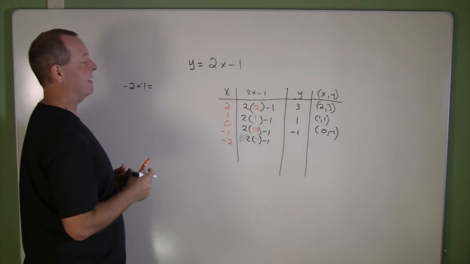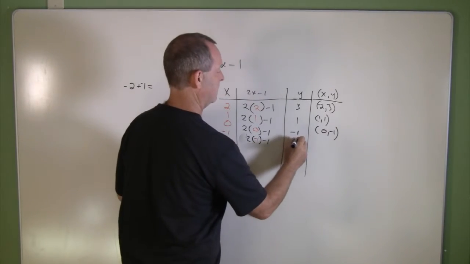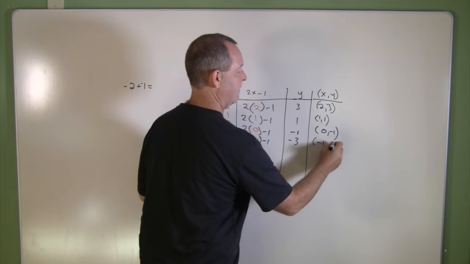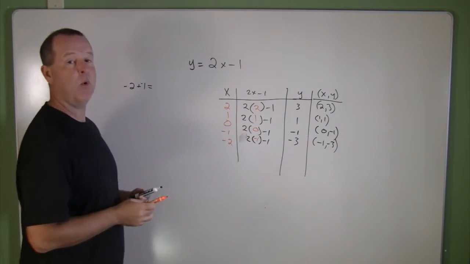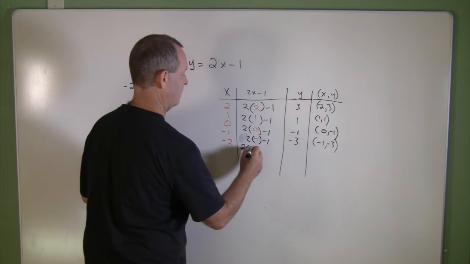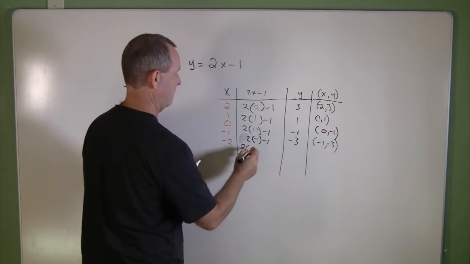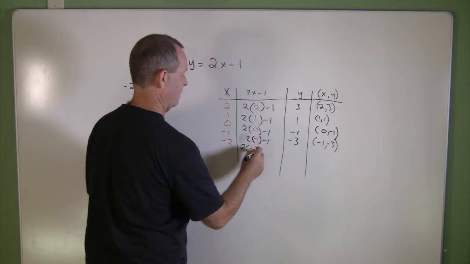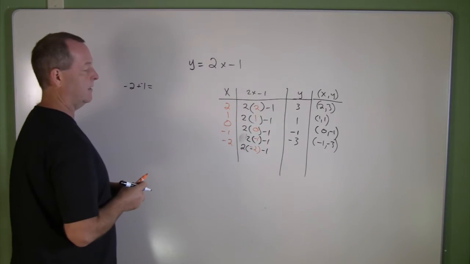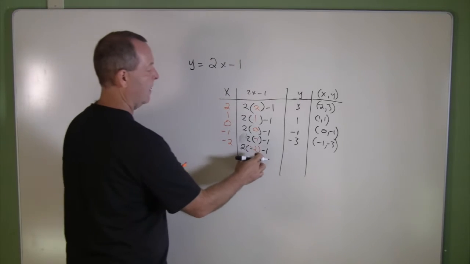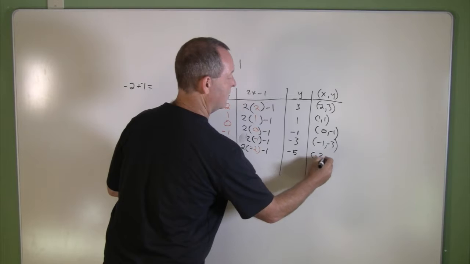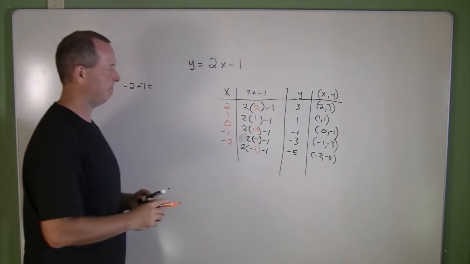That gives me -3. So I have the point (-1, -3). And then the last point that I chose right here, sorry, I got my colors all mixed up for you guys. So 2 times -2, which is -4, minus 1 gives me -5. And I have the point (-2, -5).